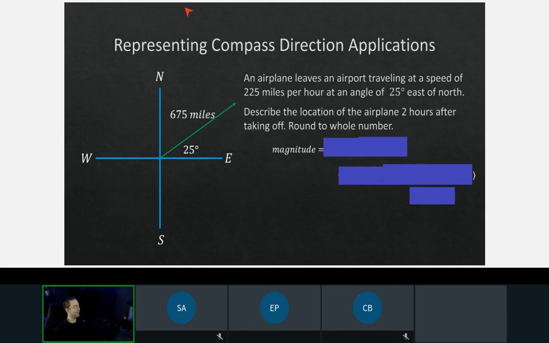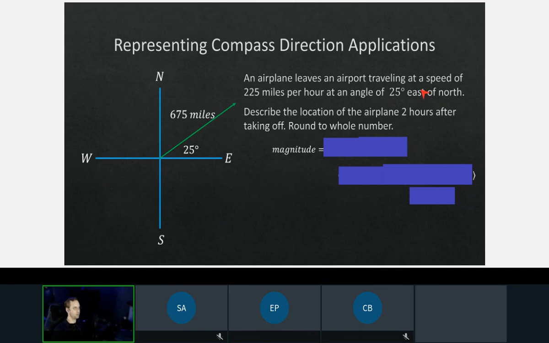Well, there's another mistake. Also, how did you get 675 miles? Oh my gosh, I have no idea. Oh wait, I do know. I feel like I took this problem from the module, or I may have made it up.